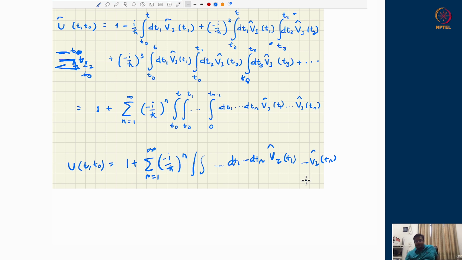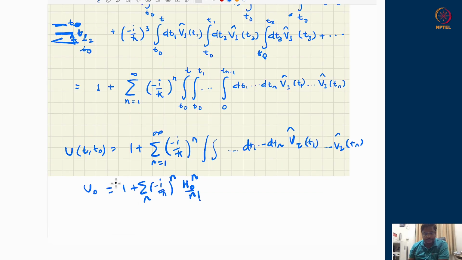Remember, in the ordinary free theory, the unitary operator was just the exponential of the free Hamiltonian. That means in free theory, U naught was the sum of (minus i upon h bar) to the power n, H naught to the power n, divided by factorial n.